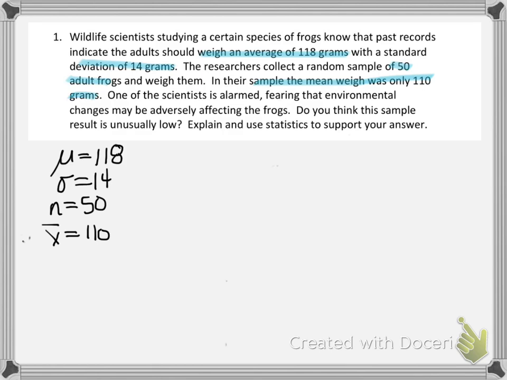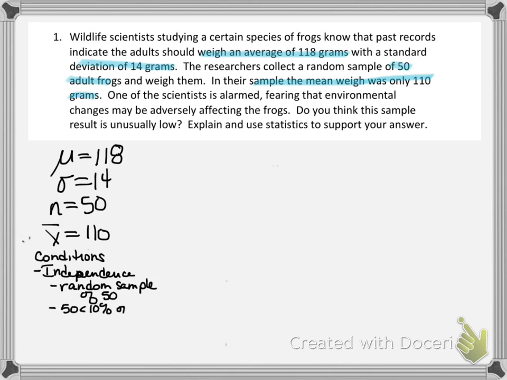So we need to check our conditions. The first condition is independence. It told us it was a random sample of 50 frogs. Also, 50 is less than 10% of all frogs. So far we've met that part.